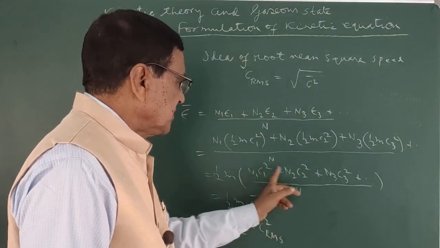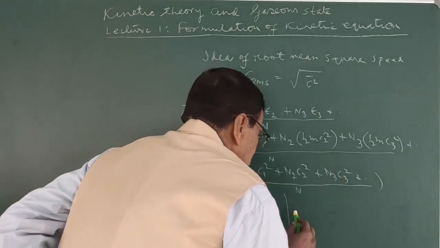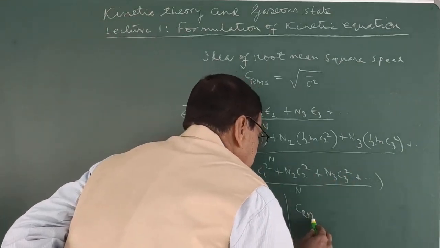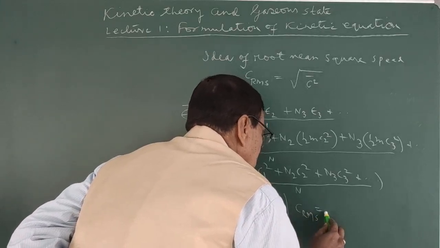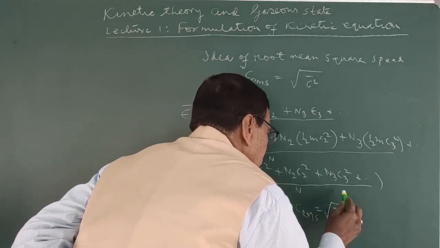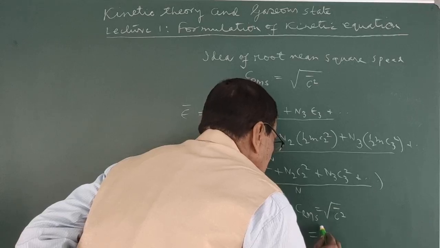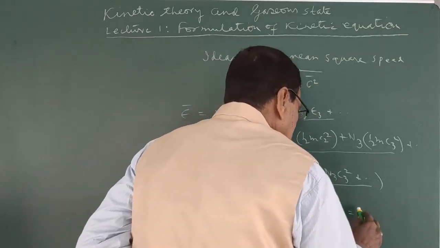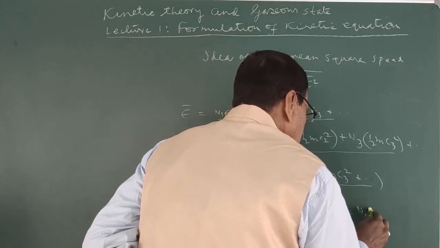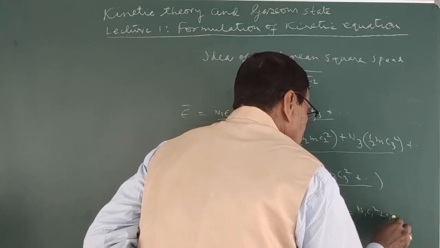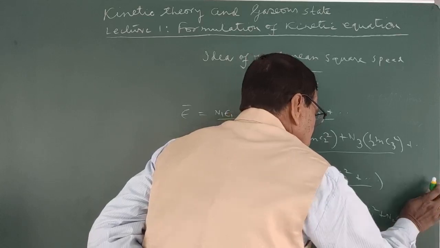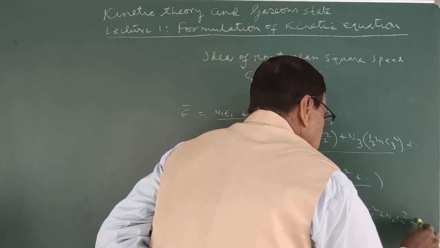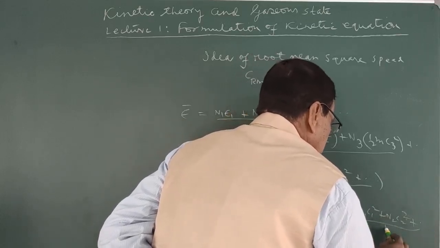C RMS square equal to this term. So actually C RMS equal to root over of C square bar, and this one equal to N1 C1 square plus N2 C2 square plus dot, divided by N.